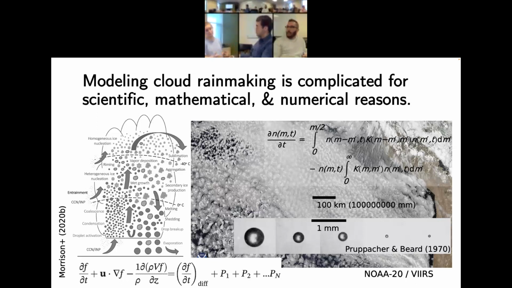We also have a lot of really complicated math because we have a lot of nonlinear processes that are all coupled together, and we're dealing with not only the water cycle, but also interactions with radiation and chemistry and aerosols and dynamics. And we also have dependencies on time and length scales that vary by many orders of magnitude, which make numerically modeling this problem hard.